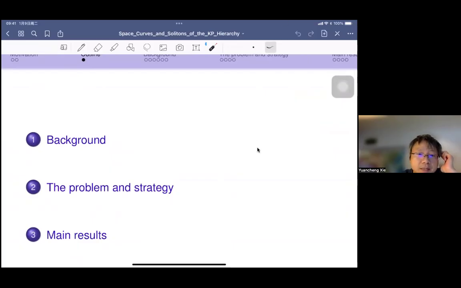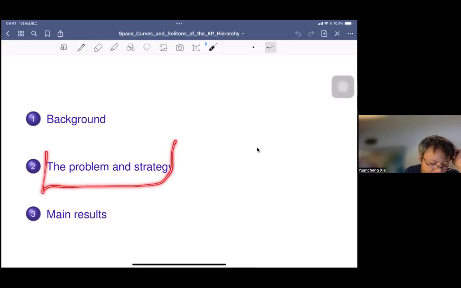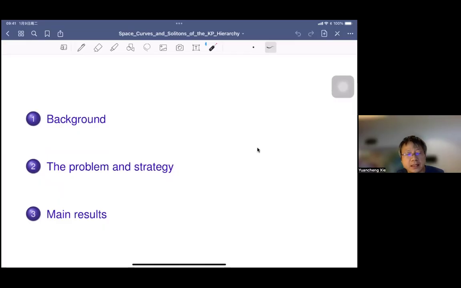So my talk will be divided into three parts. In the first part, I will give a general background on integrable systems, and prepare some background for a common understanding of this problem.